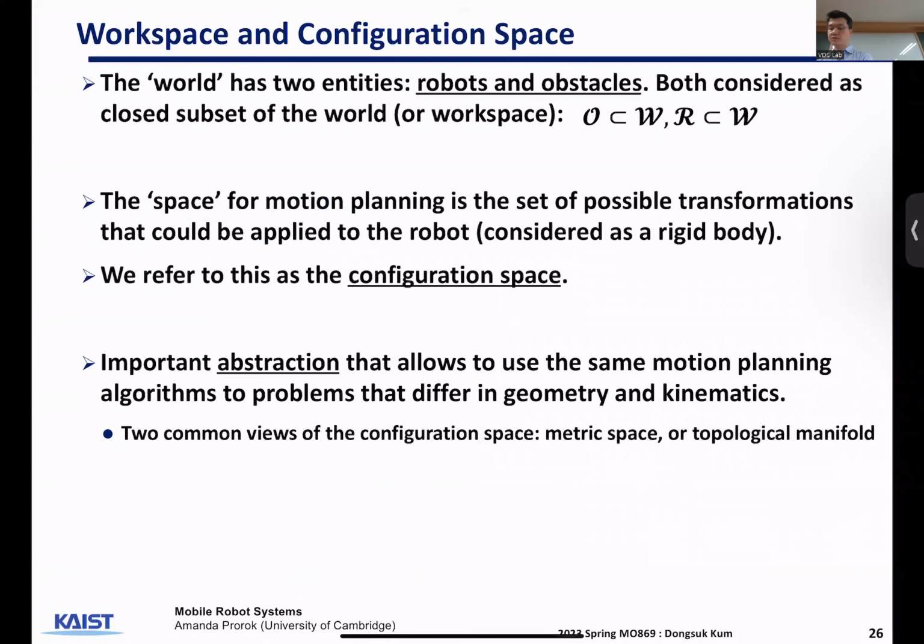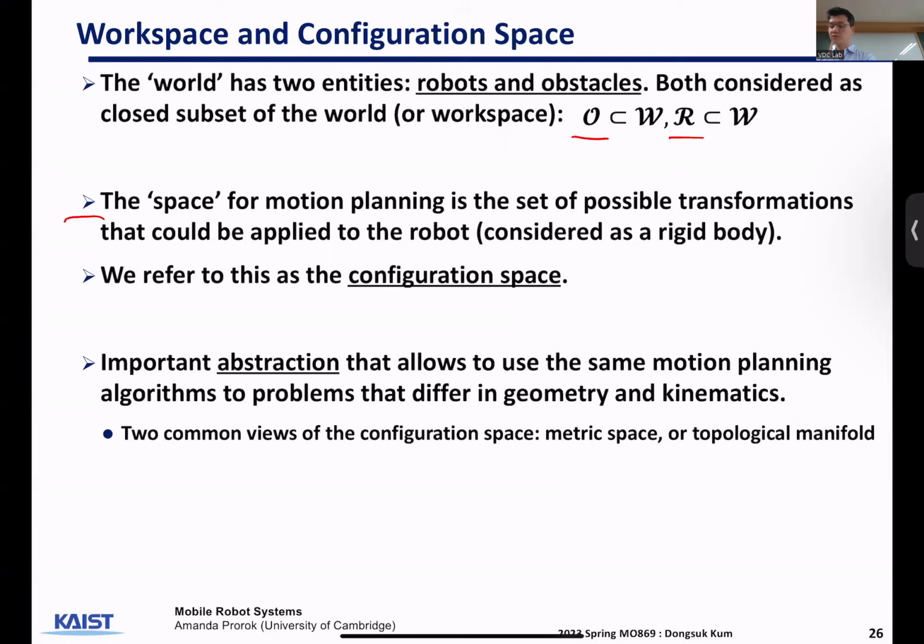And here's the description of workspace and configuration space. The world has two entities, robots and obstacles, both considered as closed subsets of the world or workspace. So O represents obstacle space and R represents robot space, which is a subset of the world.